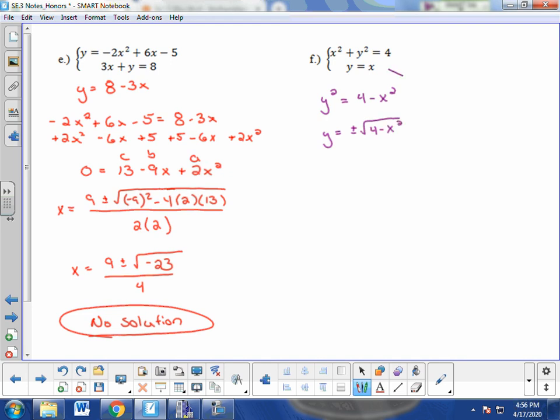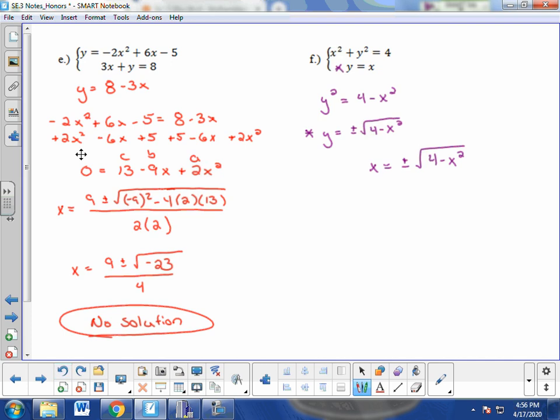Now I can essentially set these two equations equal to one another. I can substitute in for y. So this would give me x equals, I'm going to star these again because I'm going to come back and put those in. X equals plus or minus the square root of 4 minus x squared. So now I need to solve for x.